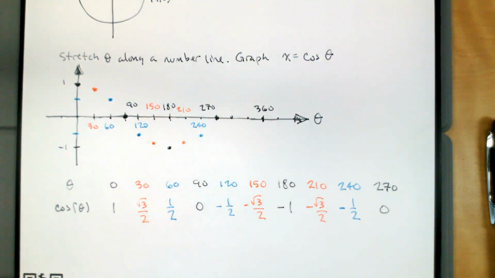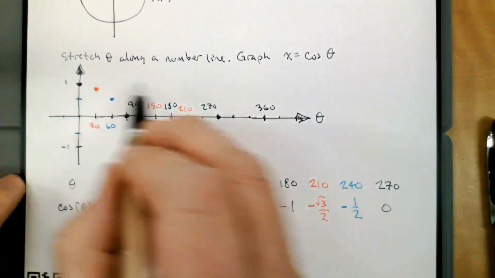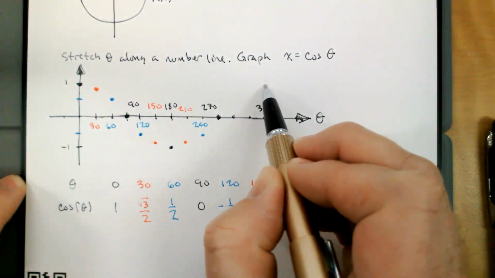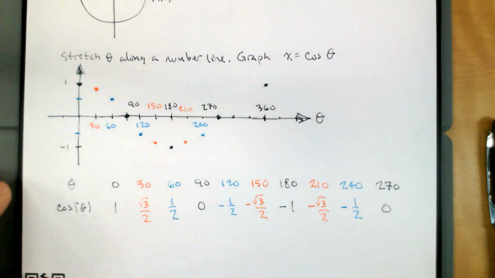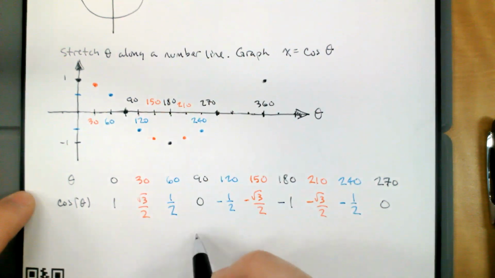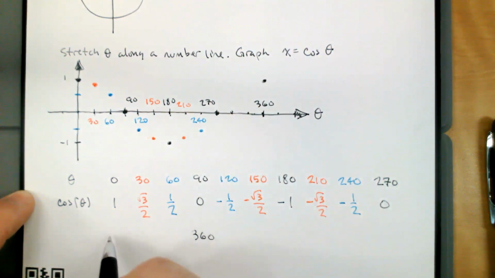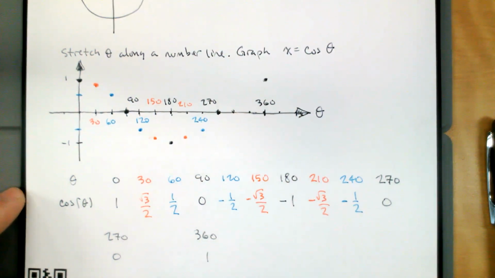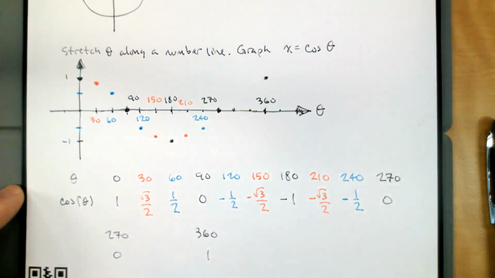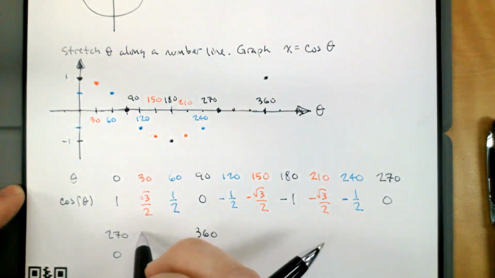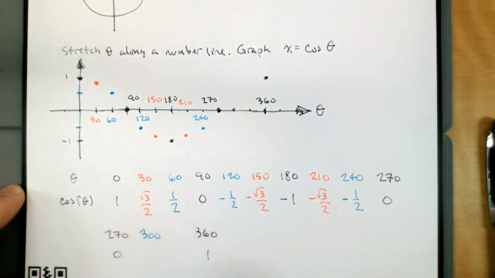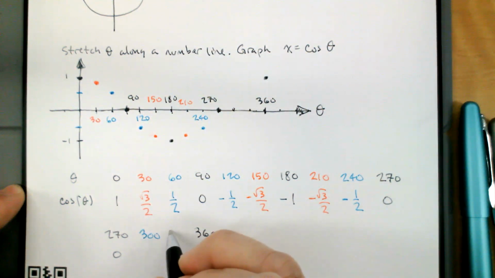And then a similar thing happens in the fourth quadrant. We're going to go from 0 up to 360. This will put us back at the beginning because we've made one complete circle. So in between 270, the 60-degree reference angle is going to be 300, and the 30-degree reference angle will be 330.